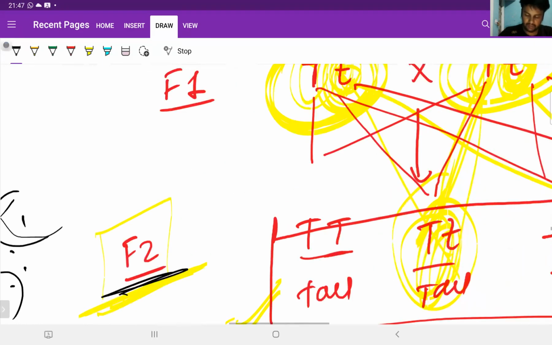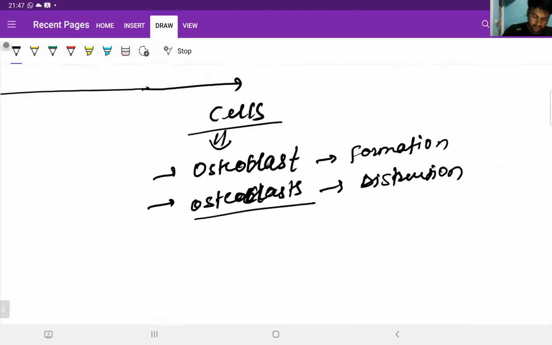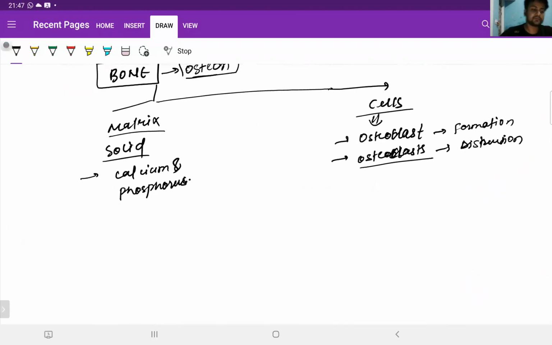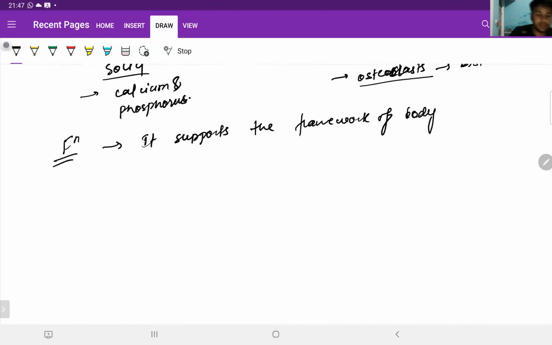Now let us come back to where we were discussing different parts. When we talk about the functions of bone, it supports the framework of body, first thing.